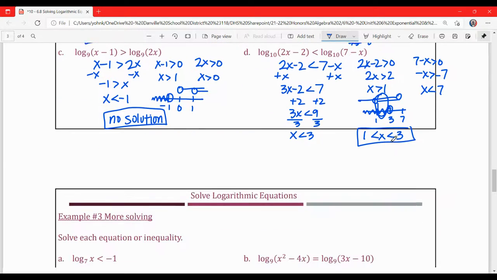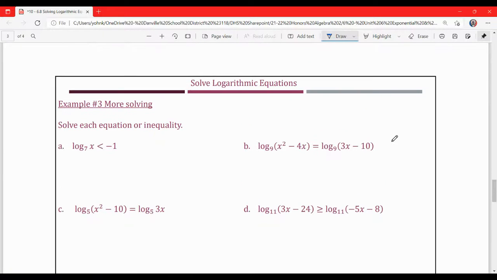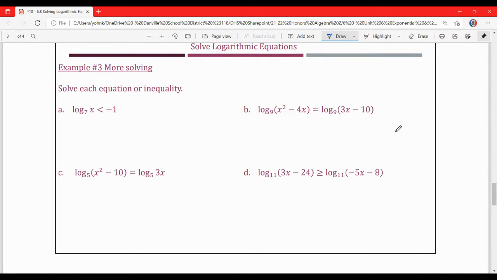All right, let's see some more examples. In letter A, log base 7 of x is less than negative 1. So this is the situation where we have 0 is less than x is less than b to the y. So we have 0 is less than x is less than 7 to the negative 1.